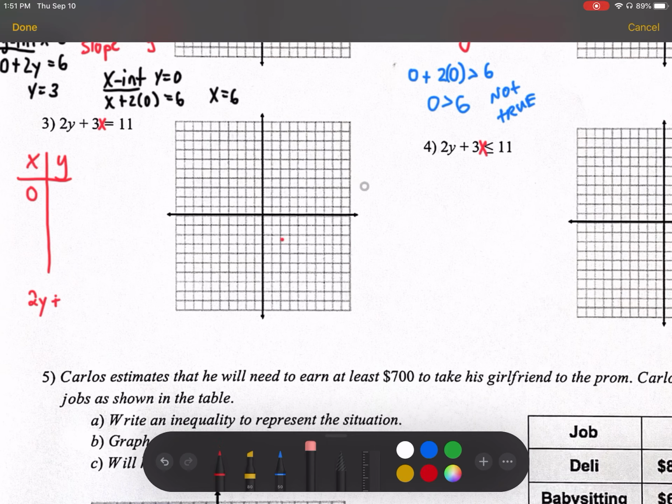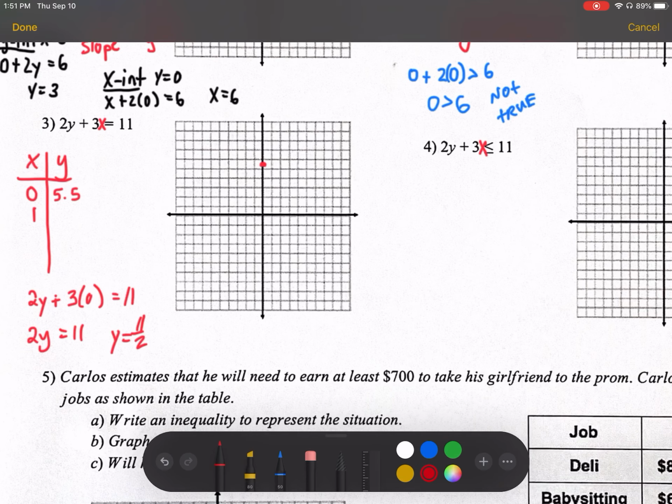Okay, so 2y plus 3 times 0 equals 11. So that means 2y equals 11, and y is 11 over 2. 11 over 2 is 5.5. So we're going to go 0, 5.5.